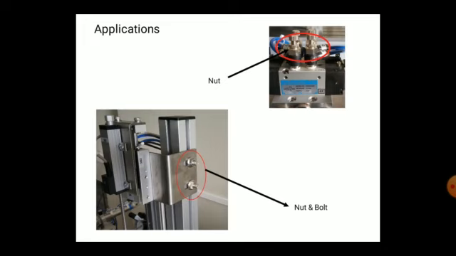We use the temporary fastening method, that is, with the help of nuts, bolts and screws. You can observe in the first picture the nuts which are located on the wall.